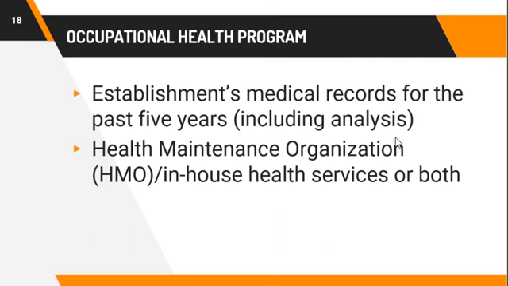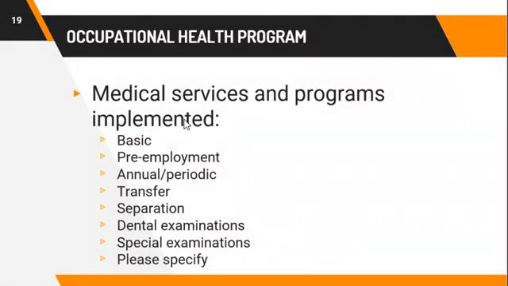Under occupational health program, we have the establishment's medical records for the past 5 years, as I mentioned a while back, including analysis. Then we have the health maintenance organizations or the HMO, in-house health services, or both. So there could be a nurse who is on standby. We have an infirmary if needed. And we also have the medical services and programs implemented.